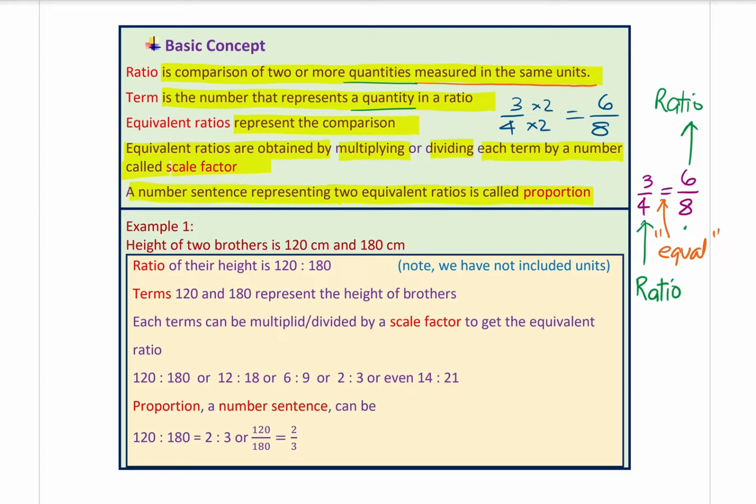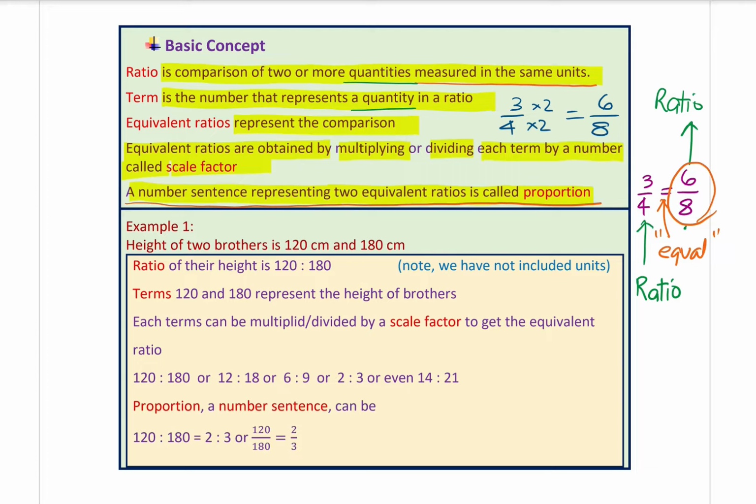So if you have equal to sign between two, then it is called a proportion, right? So a number sentence representing the two equivalent ratios is called a proportion. So the difference between ratios and proportion is, ratio is that individual part, right? And proportion is connecting the two with an equal to sign, right? That is proportion. So when you connect them, it becomes like an equation, and equation can be solved. And that is how we'll be using proportions.